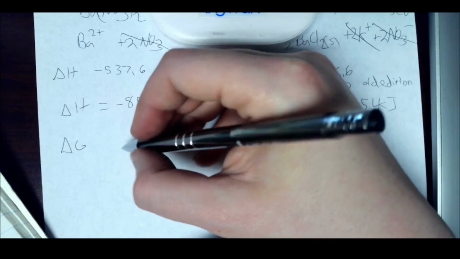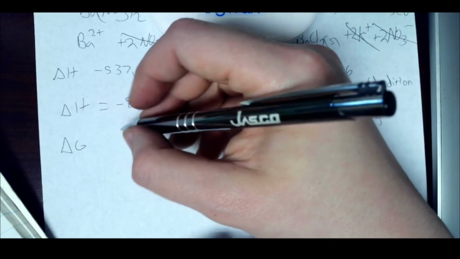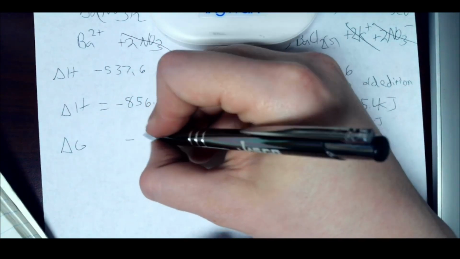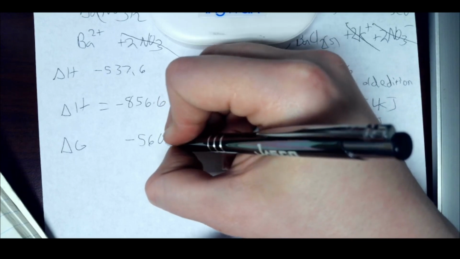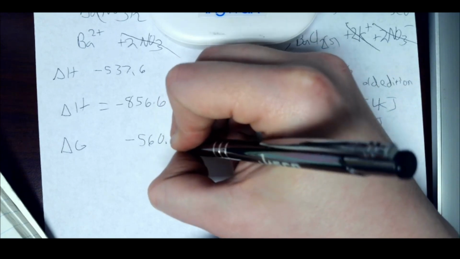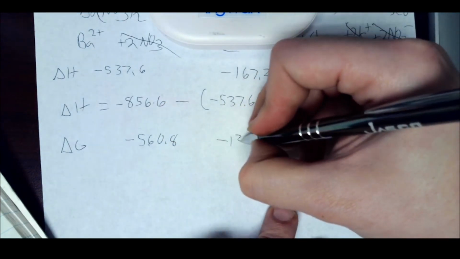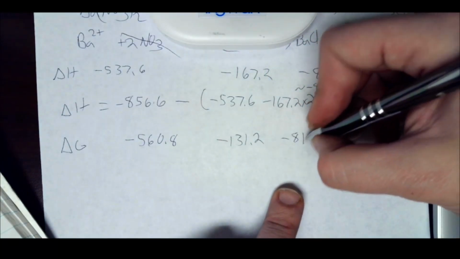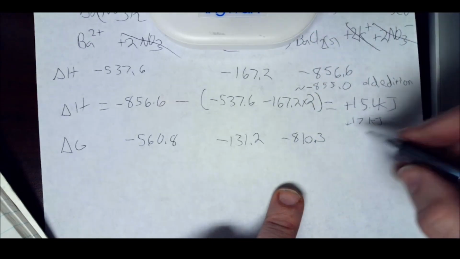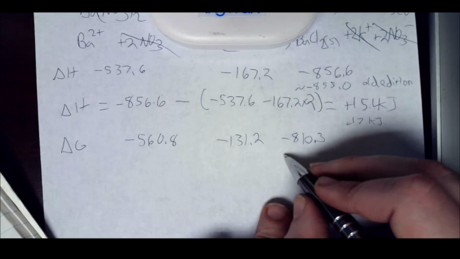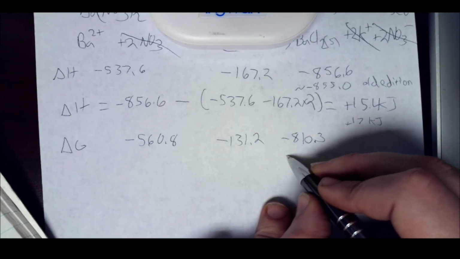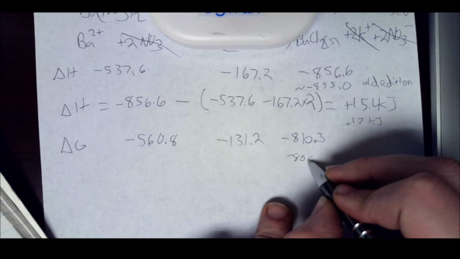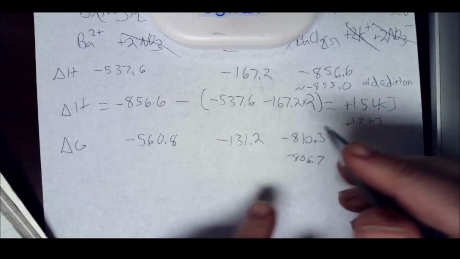So delta G, same way. Delta G has this negative 560.8, negative 131.2, and negative 810.3. Now, the other version of the textbook has this as negative 806.7.